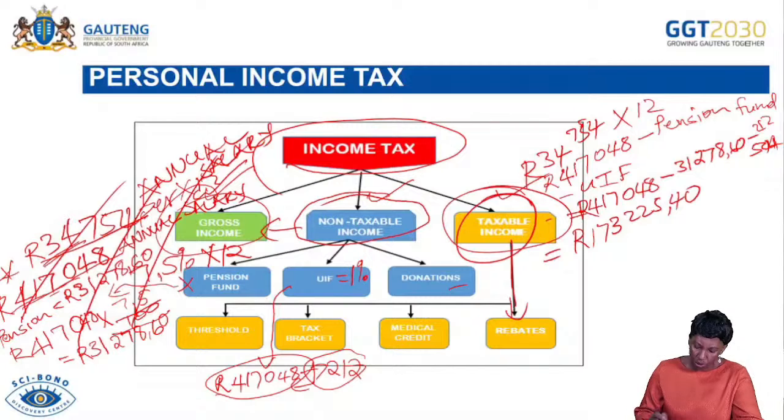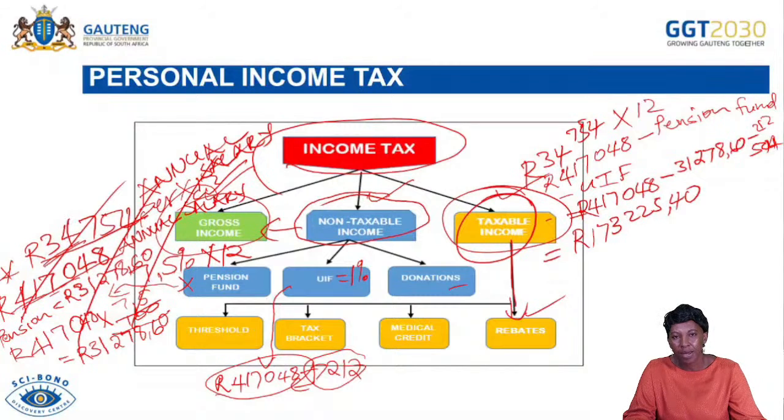So now what they do, they say, okay, fine, this person is earning this amount of money. If I am 65 years, remember, the rebates, we have the primary, secondary, and tertiary. Primary, it's less than 60 years. There's a certain amount, the rebate that you are getting. And then if I'm at secondary, it means it will be primary plus the secondary.